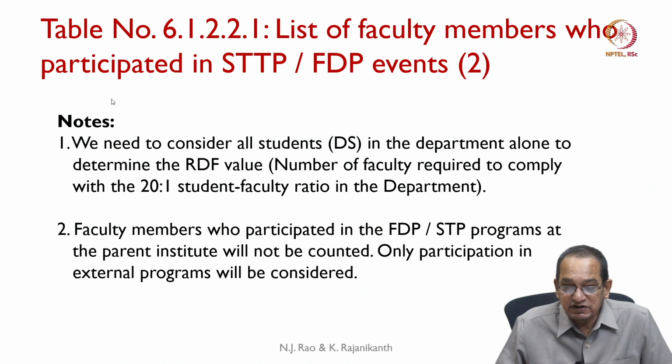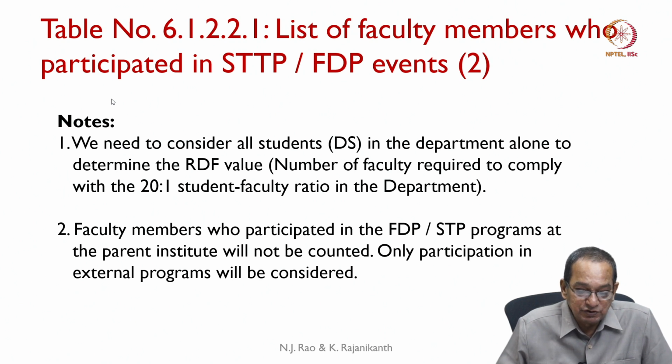But for this criterion, we are looking at only the students of the department, what in that table we called DS. That divided by 20 will determine the required faculty, and that in turn is used to determine the percentage of faculty who are participating. That is an important distinction that we should remember.